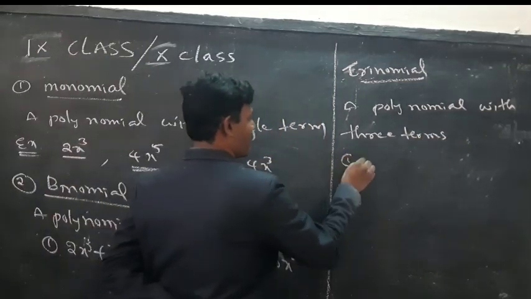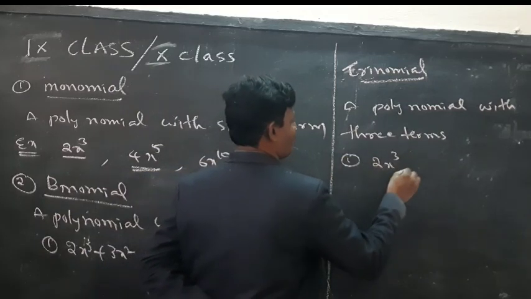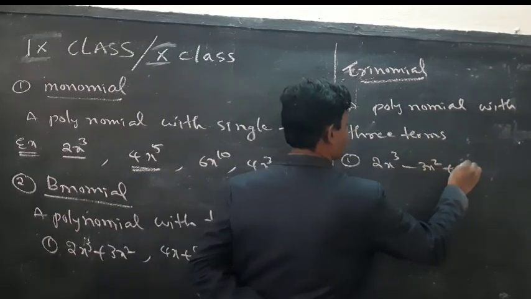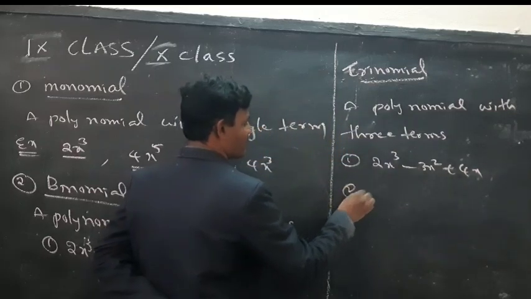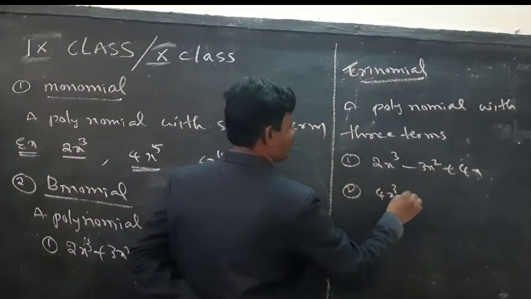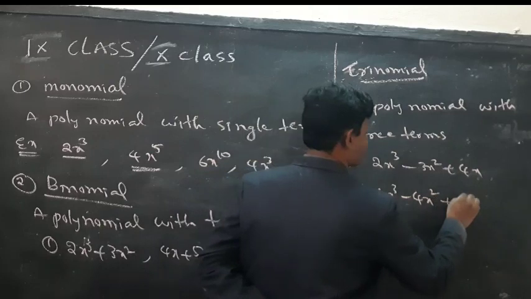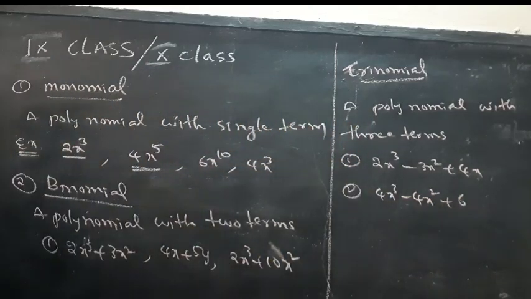For example, 2x cubed minus 3x squared plus 4x, and 4x cubed minus 4x squared plus 6. These are examples of trinomials.